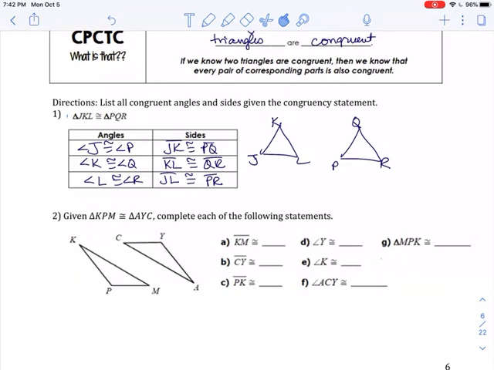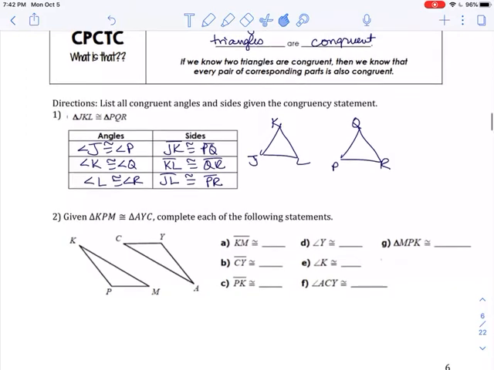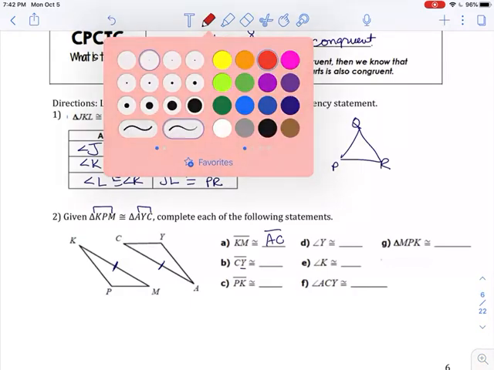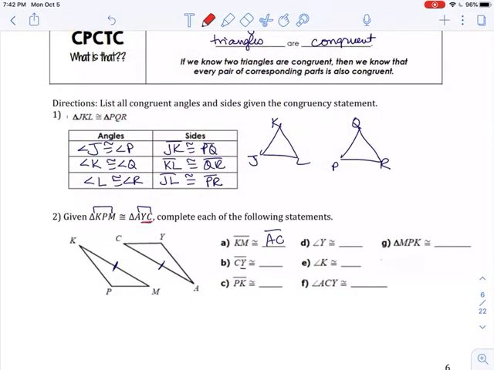Given triangle KPM is congruent to triangle AYC, complete each of the following statements. KM is the first and the third letter, so KM would be congruent to the first and third letter, AC. You'll have maybe 2 questions like this on your test.